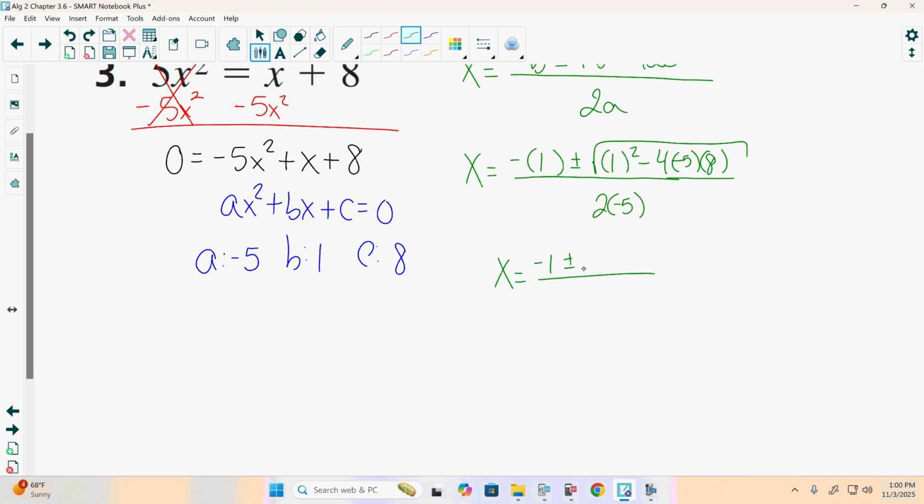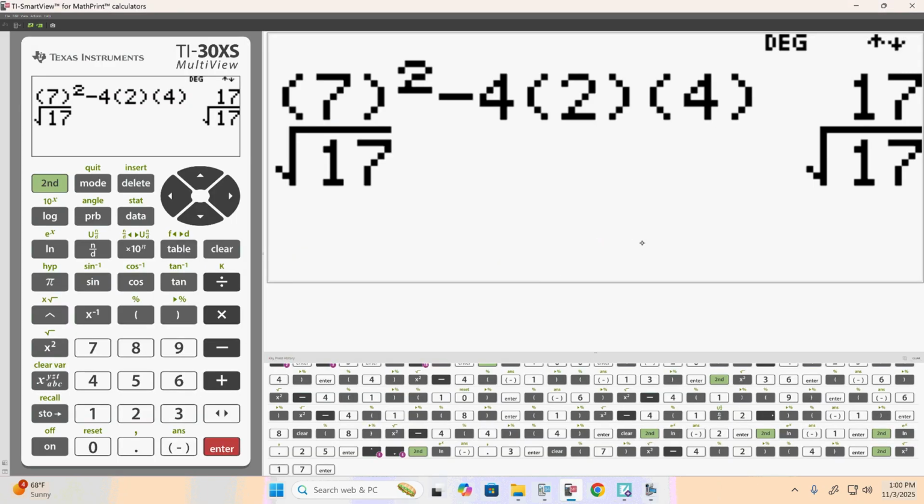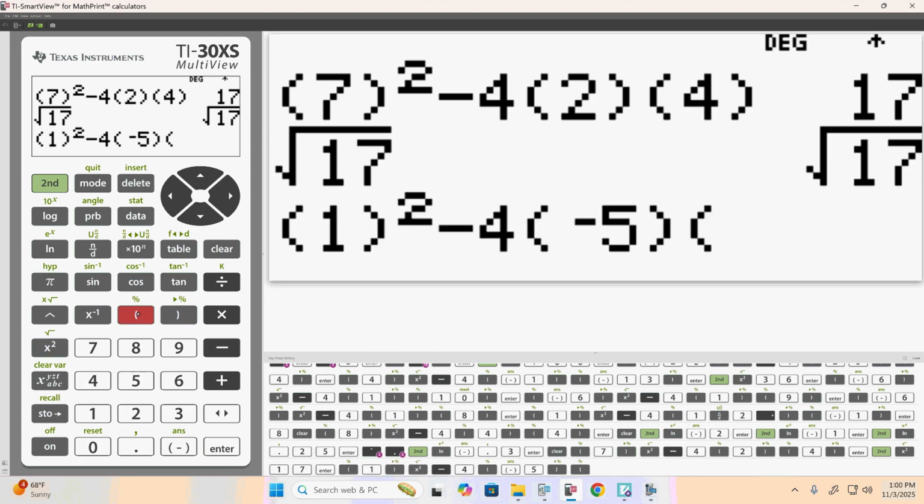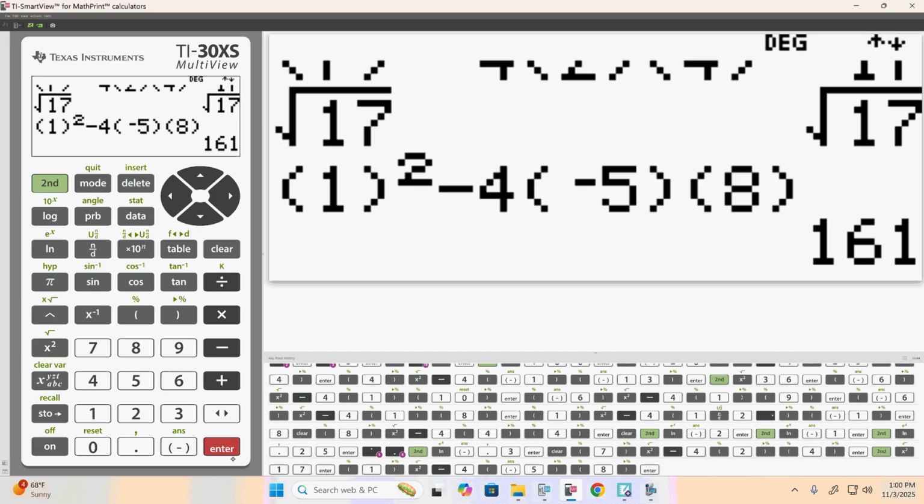Well, our negative 1 is just negative 1. The denominator, negative 5 times 2, is negative 10. 1 squared minus 4 times negative 5 times 8 is 161.